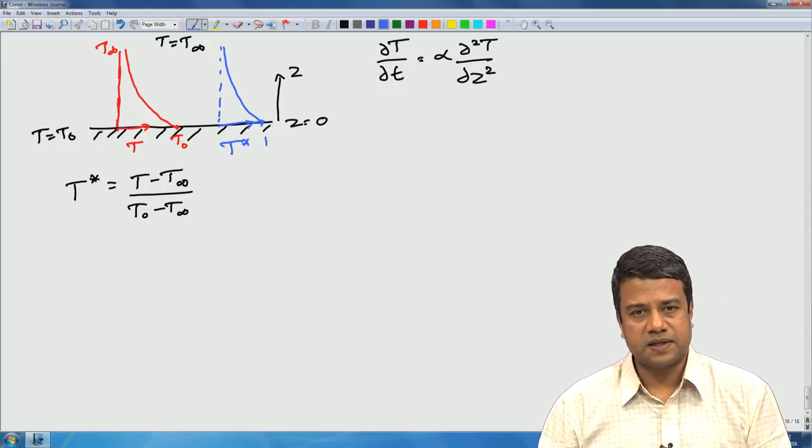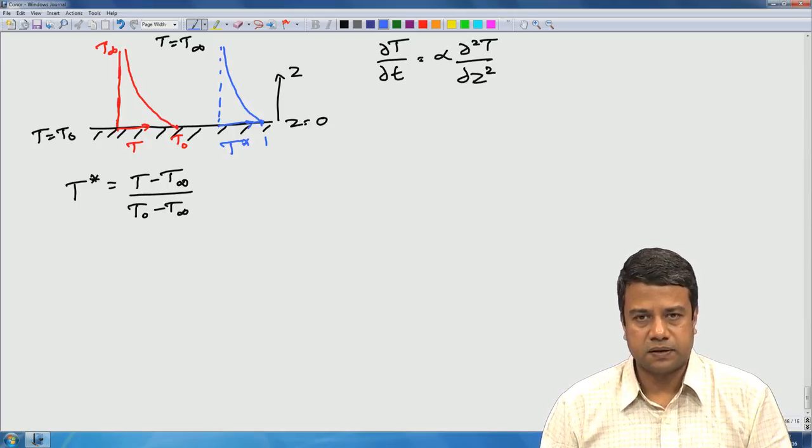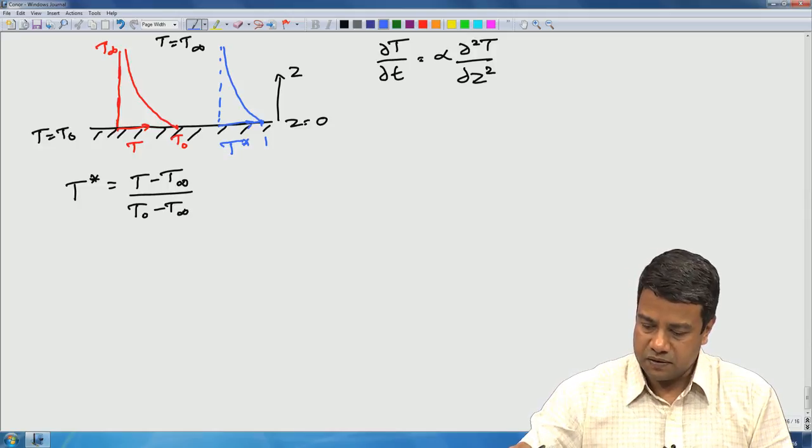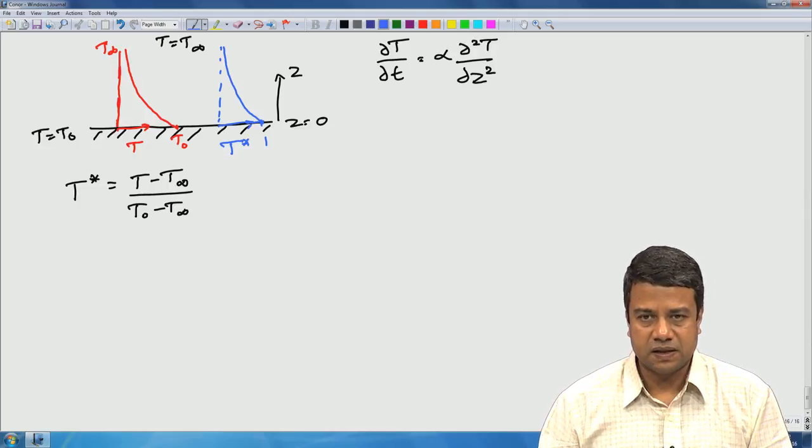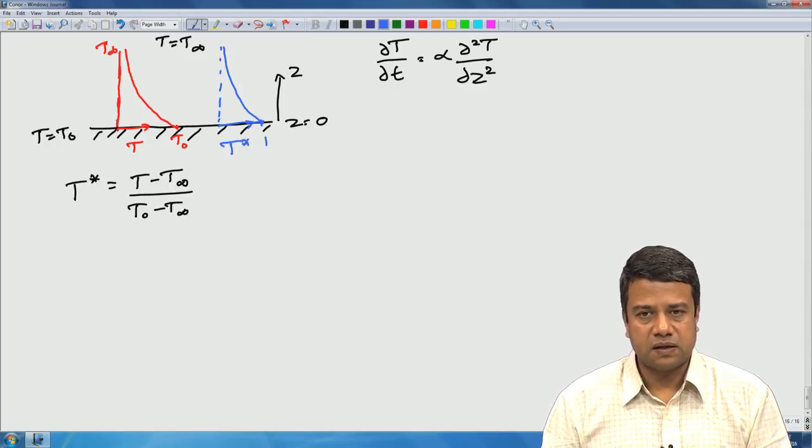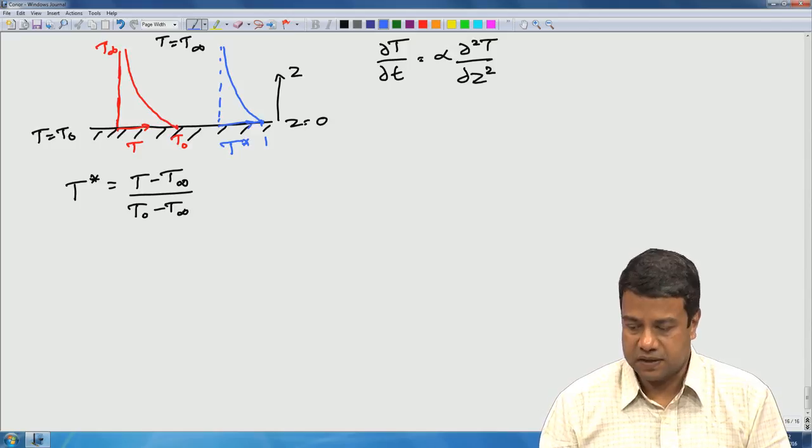I am just scaling the temperature, that is all. And this is convenient because even though the solution for the temperature T does depend upon the values of T naught and T infinity, once I have scaled it, the solution for T star is independent of the values of T naught and T infinity.